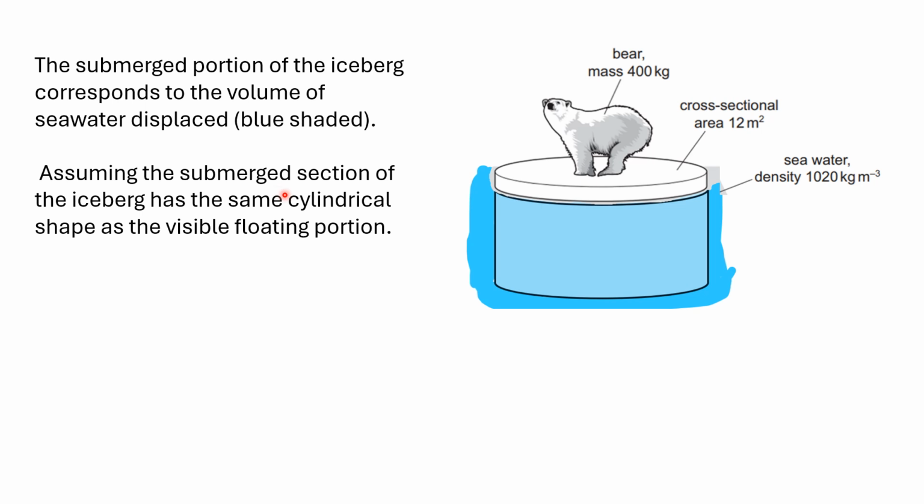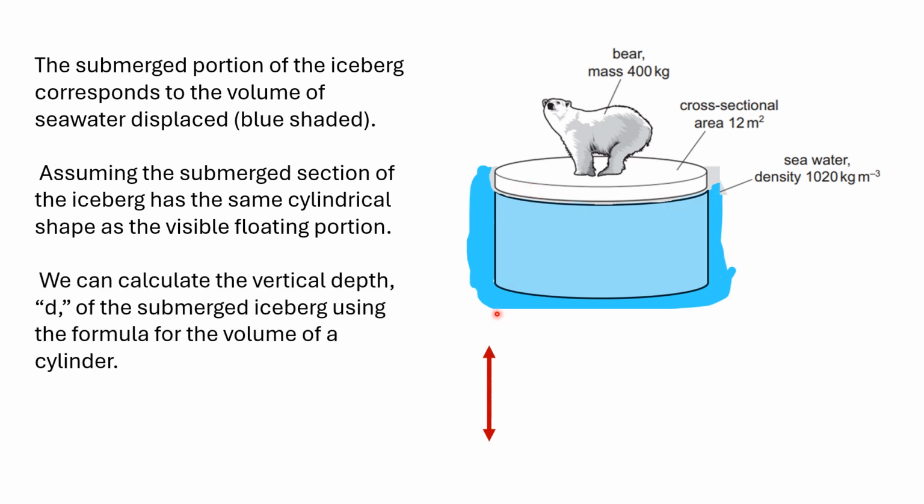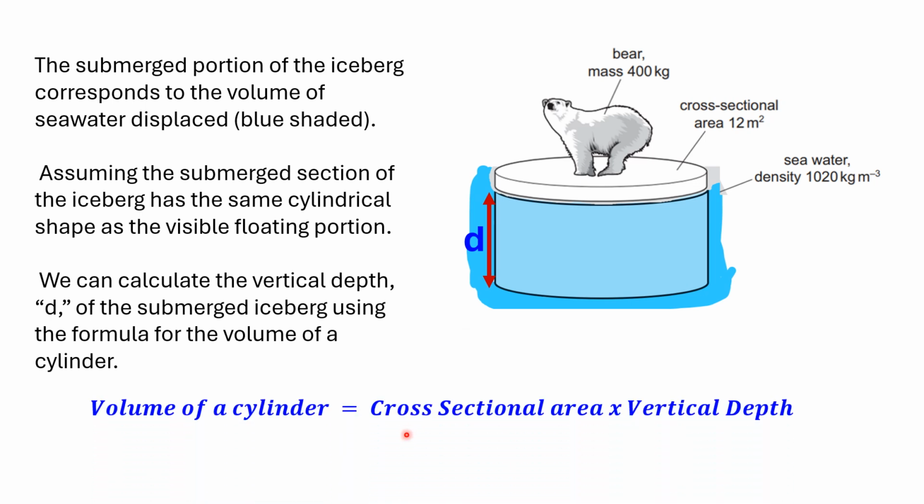Assuming the submerged section of the iceberg has the same cylindrical shape as the visible floating portion, we can calculate the vertical depth, d, of the submerged iceberg using the formula for the volume of a cylinder, which is the product of the cross-sectional area and the vertical depth.